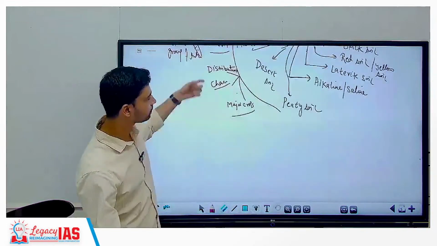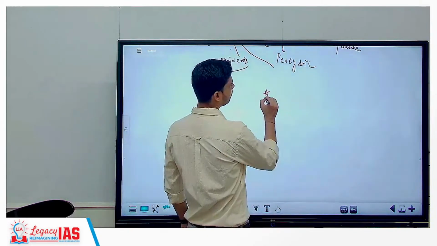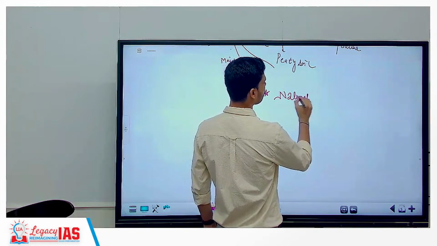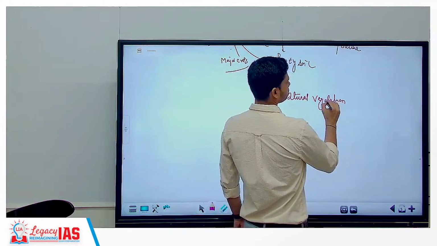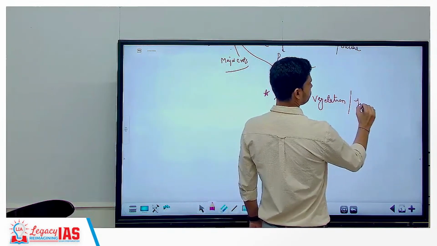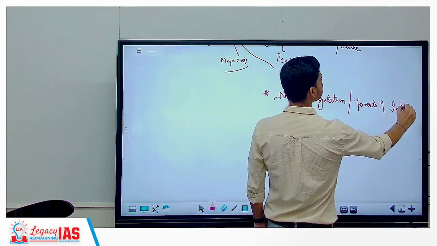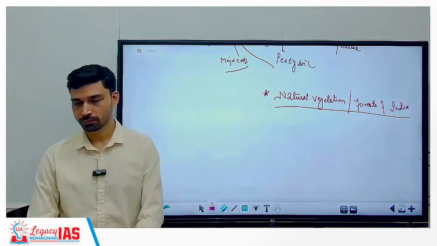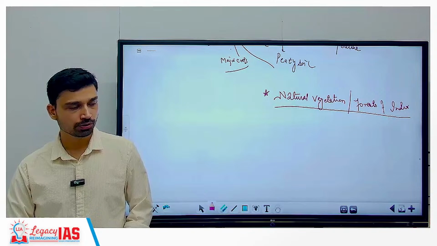The last chapter that we'll be covering in Indian geography is the natural vegetation or forests of India.